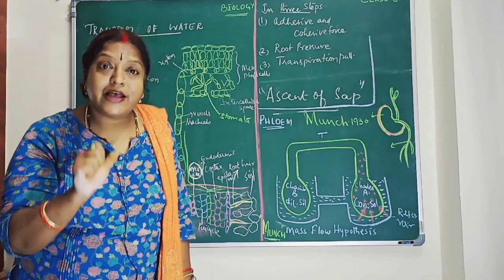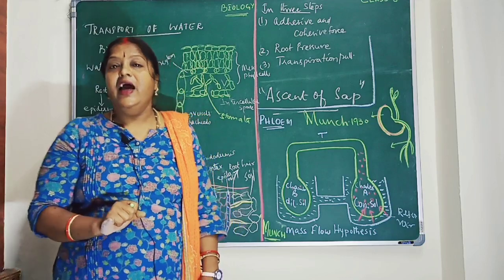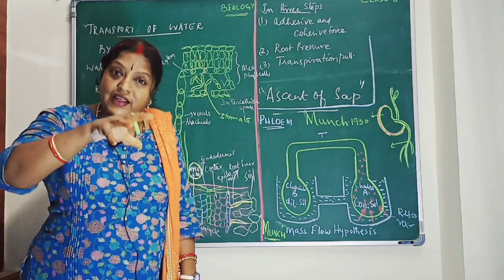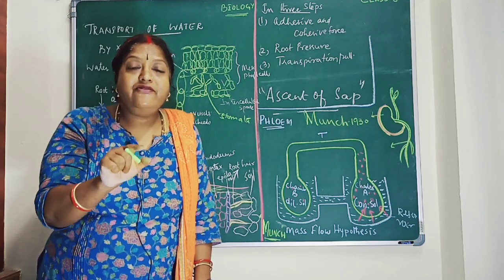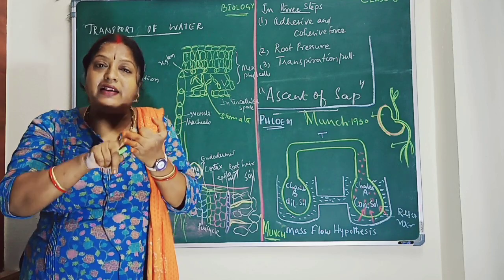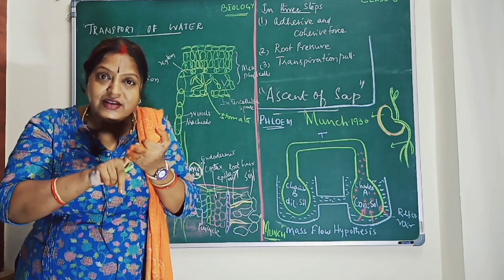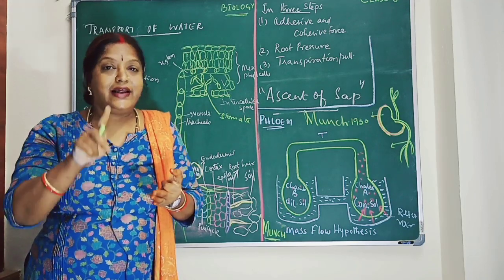When the water is absorbed into the cells, the turgor pressure increases, and the turgor pressure makes the food pass through sieve tubes and sieve cells. Sieve tubes, sieve cells and companion cells are the living cells present in the phloem, through which the food material passes.